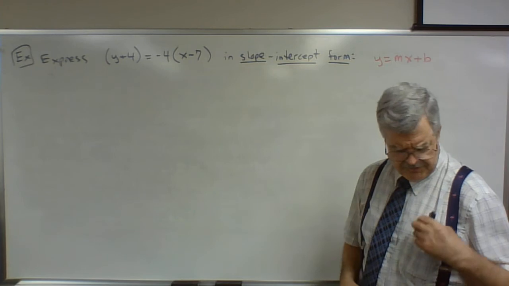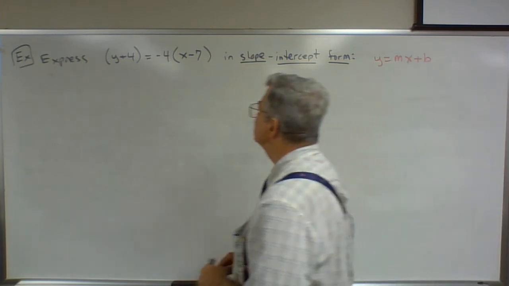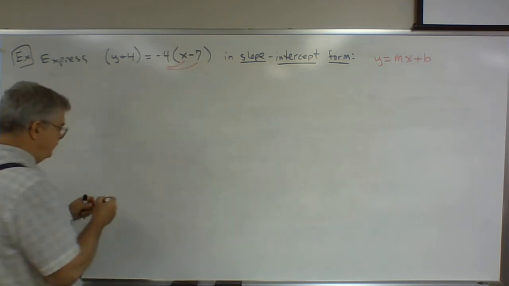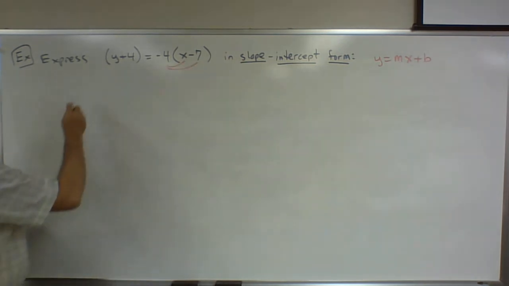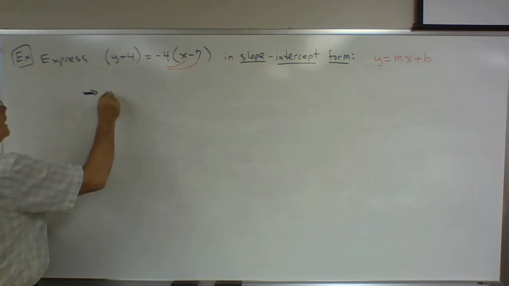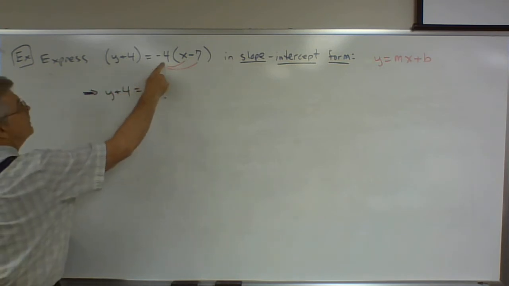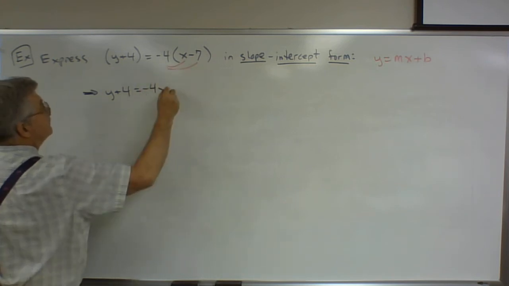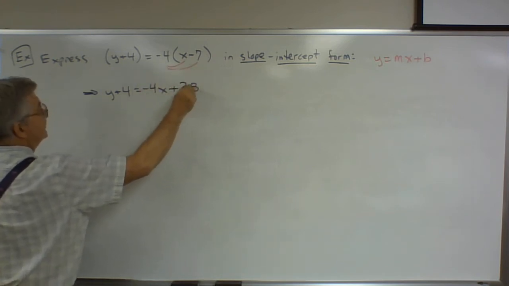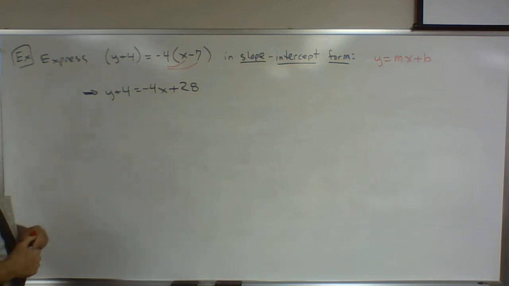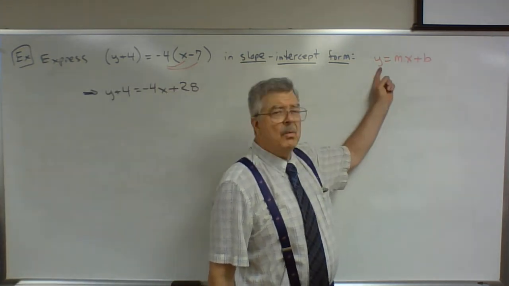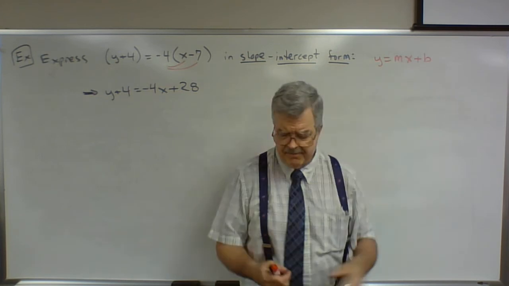I'm not sure what to do, so I guess what I'll do is I'll take the slope and distribute it to each term inside the parentheses. So that'll give me y plus 4 equals negative 4x plus 28. I think the only thing to do now is just get y on the left by itself.